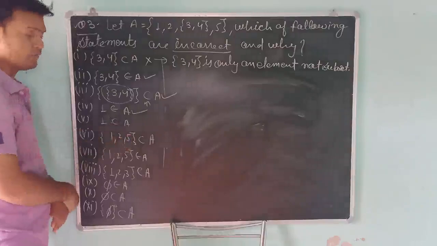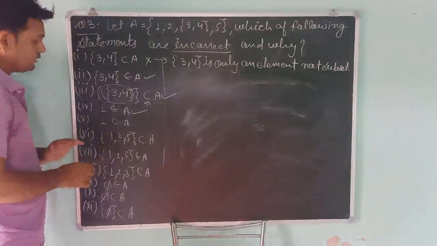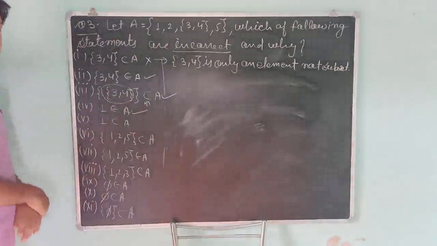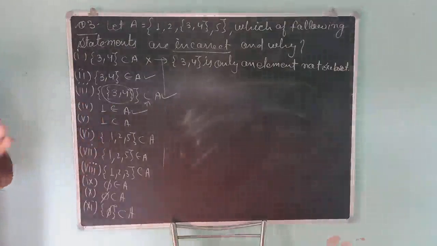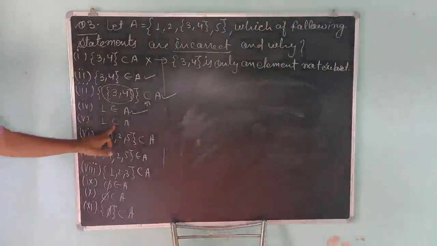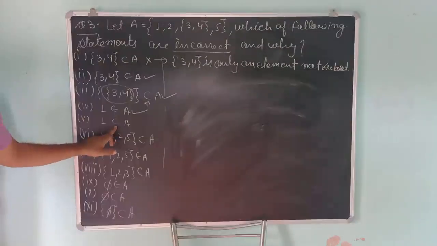But in the fifth question, again we have 1, but between 1 and A we have the symbol of subset, and you know that 1 is without bracket. We are not using any bracket with 1. So without bracket it is only an element, not a subset. But according to the question, this is a subset.